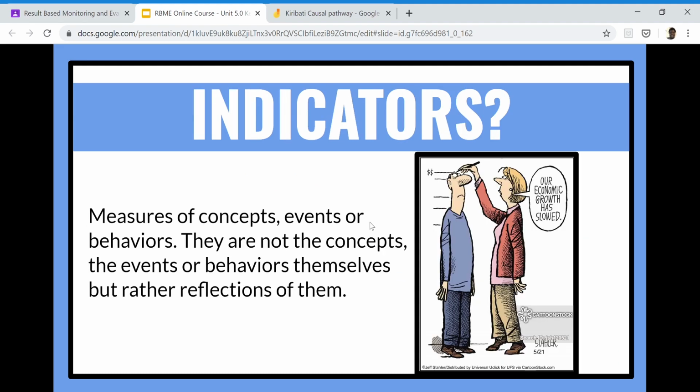So what are indicators? What does indicator mean to you? You can think about several activities that you have defined doing. For example, if you are working on a project that is supposed to enhance the capacity of teachers in primary schools, and one of the activities is to conduct pedagogy trainings, so trainings that are targeted at pedagogy.